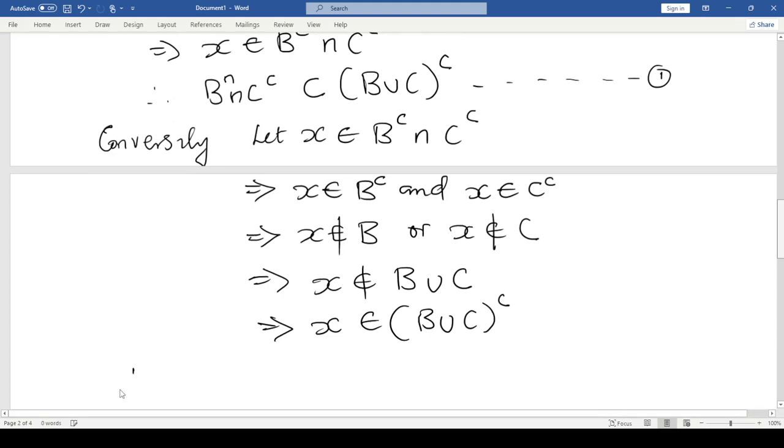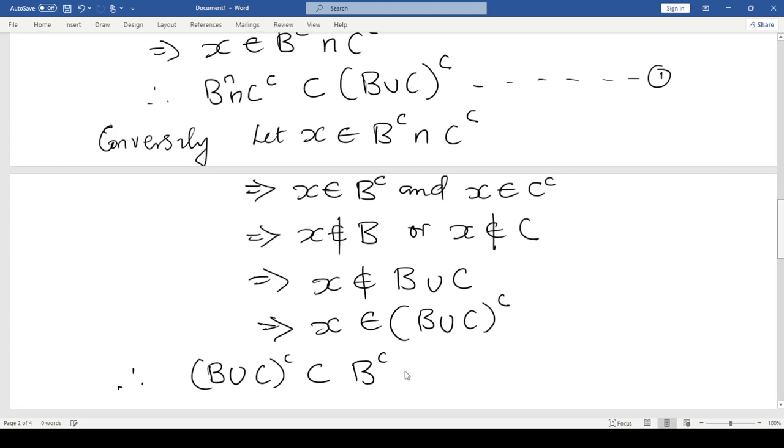So we have another, so there we can just say B union C complement is a subset of B complement intersection C complement like this. So you can just say this is our second equation there.